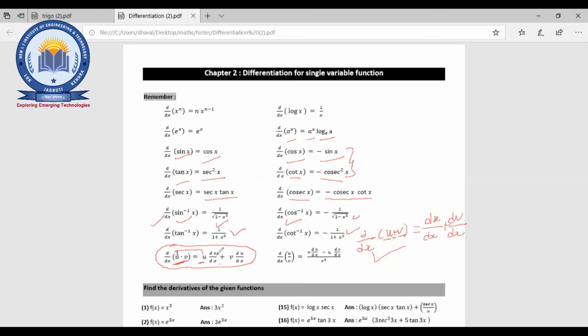The second is v, so we'll do the differentiation of the second function, dv by dx, plus v, the second function as it is, and the differentiation of the first one, du by dx. So this is called the product rule. Okay, so it can be in that way. Doubt?